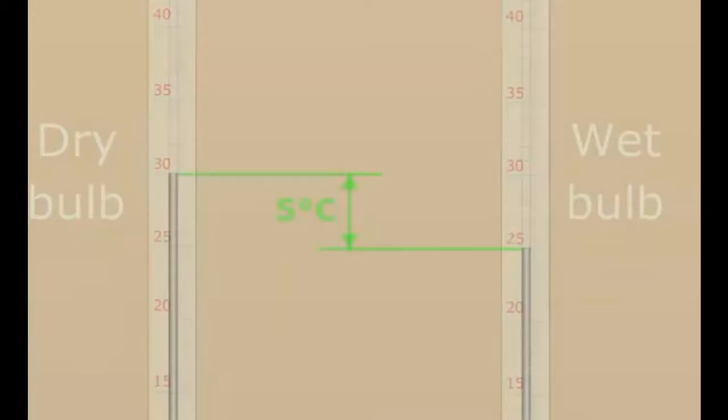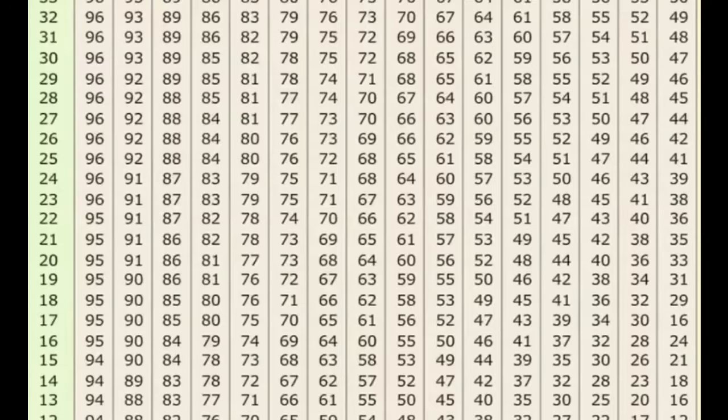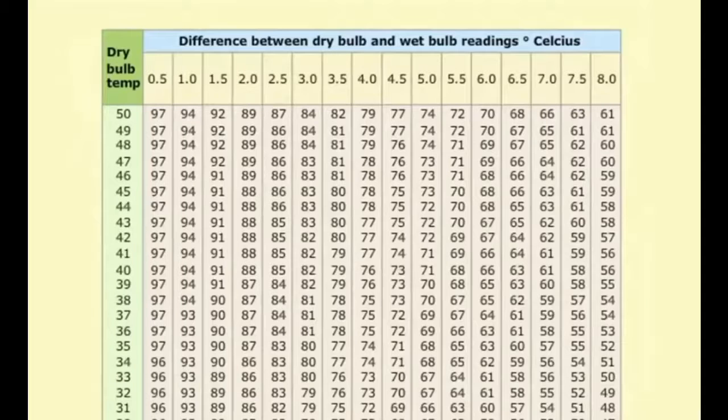To measure relative humidity, take a relative humidity table. This is a table which is used to measure relative humidity. Note the difference between the two temperatures in the column on the top.